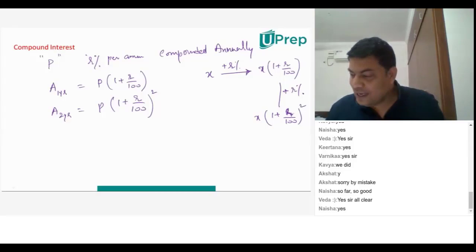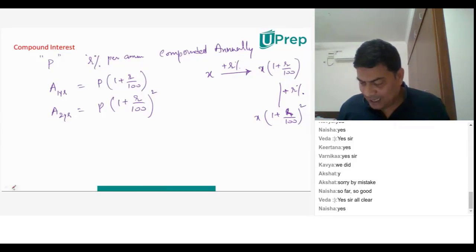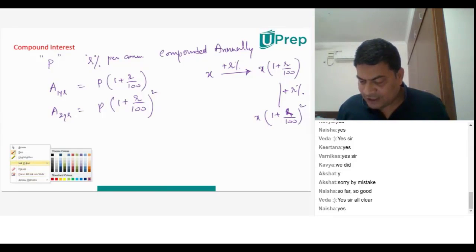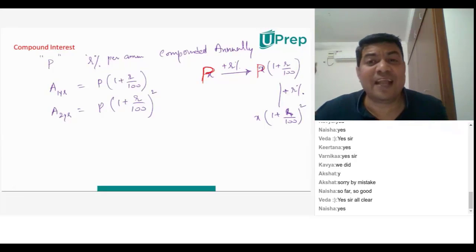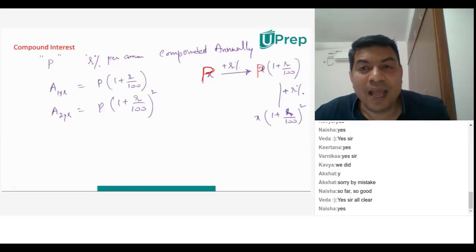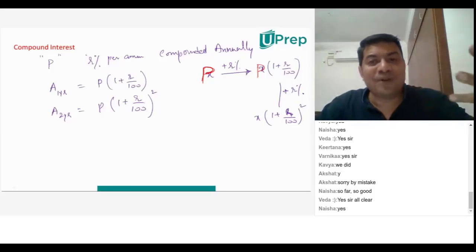Now instead of X, start imagining, concentrate children, everyone. Just imagine this X is nothing but principal P. Now P, if it is growing by R%, will become P into 1 plus R by 100 at the end of 1 year. And what do you mean by compound interest?